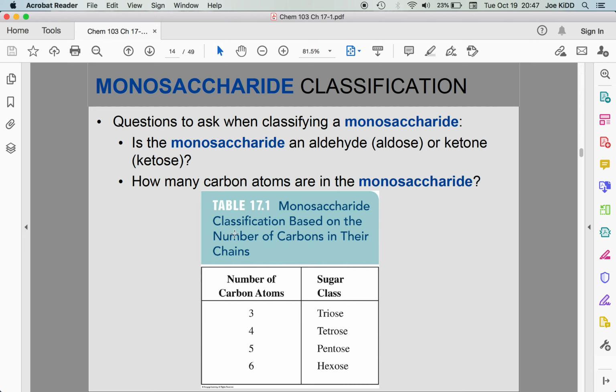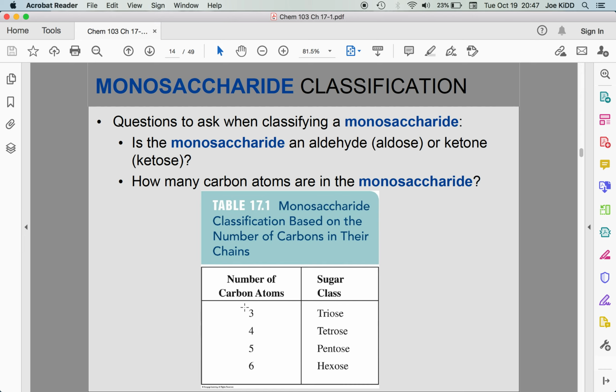So when we're classifying something as a monosaccharide, the first thing we need to do is figure out if it's an aldehyde or a ketone. Aldehydes we call aldoses, ketones we call ketoses. Basically for the rest of this, similar to how we did in Unit 2 where we had an ending on the word to tell us the functional group, here the ending -ose, O-S-E, will help denote that we have a sugar, a carbohydrate.